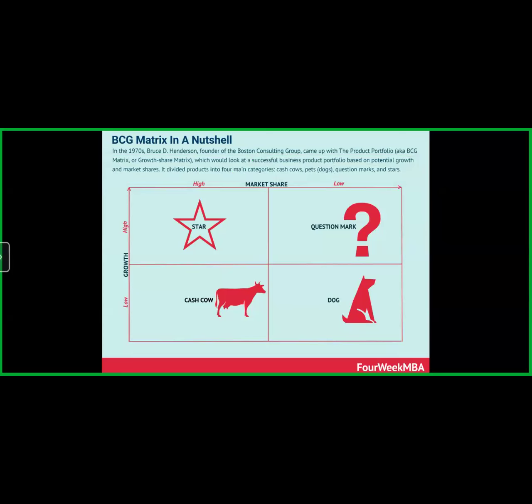It divided the products into four main categories, such as cash cows, pets or dogs, question marks, and stars.